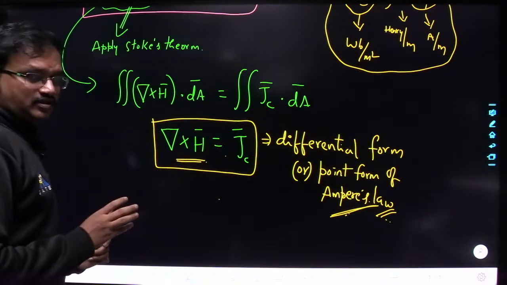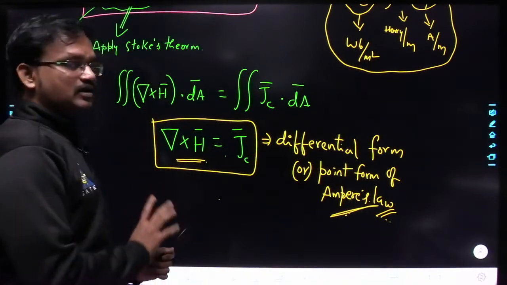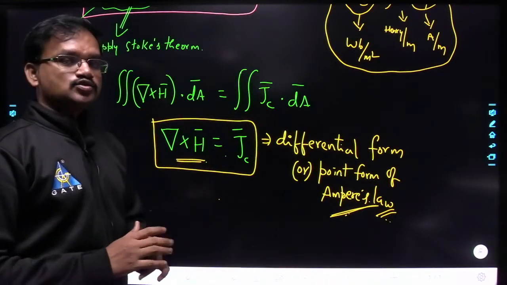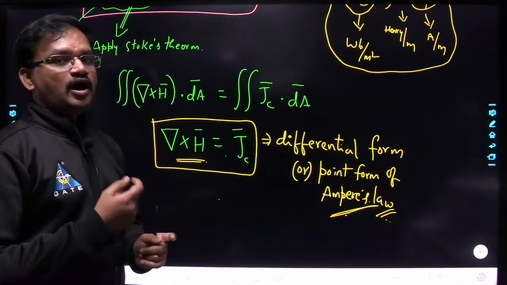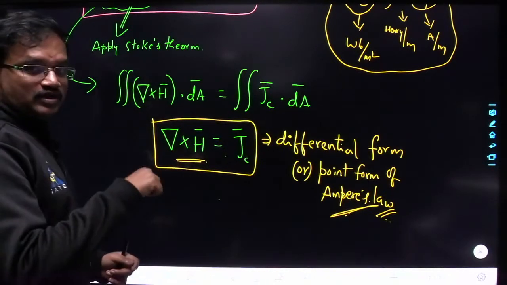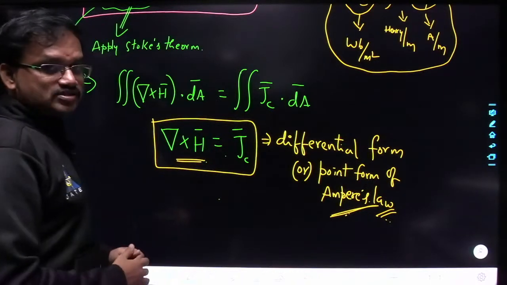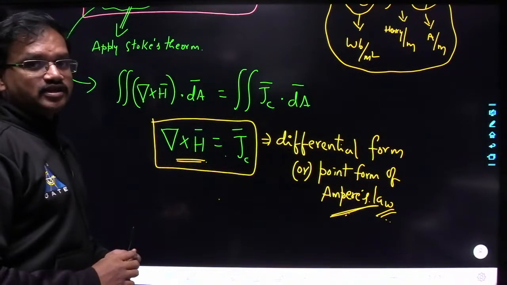So it is a measure of how much of the vector field is circulating about a given point. So the circulation of the H field about a given point is equivalent to the current density at that point.